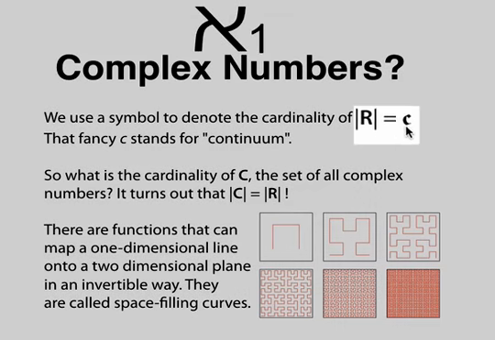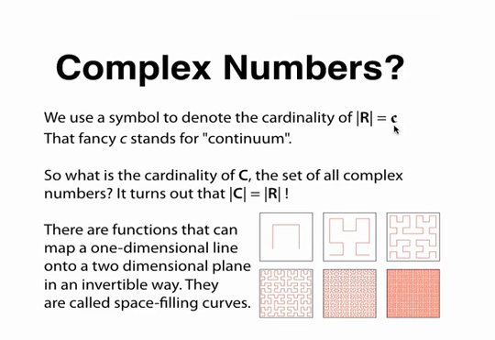The size of real numbers is called C. Now you may think, maybe C is aleph 1. It's the next level, right? Well, we're not sure. And it turns out in mathematics, we can't prove one way or the other using the set of axioms in set theory that we have.